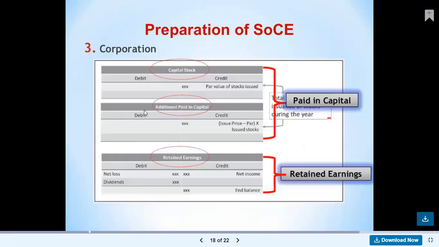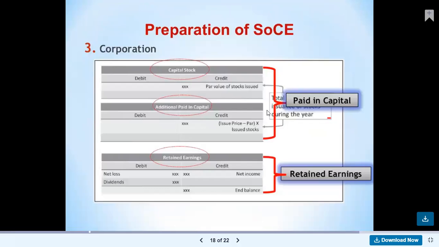Now, let's proceed to corporation. For a corporation, we have paid in capital and we have retained earnings. So this is the format. This is the T account of capital stock, additional paid in capital, and retained earnings.